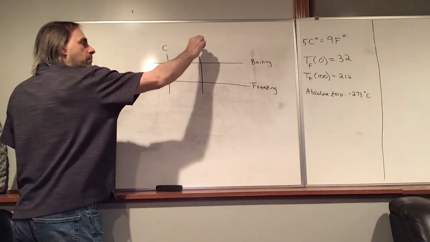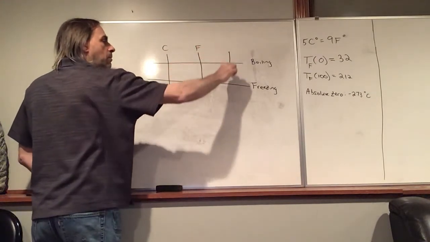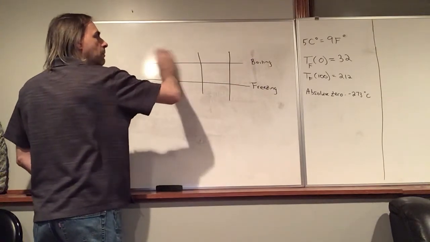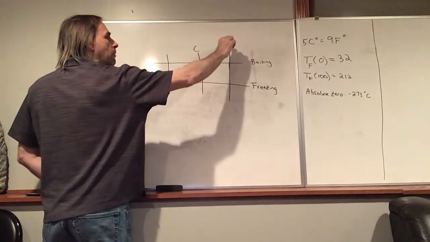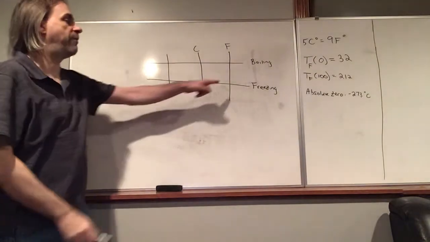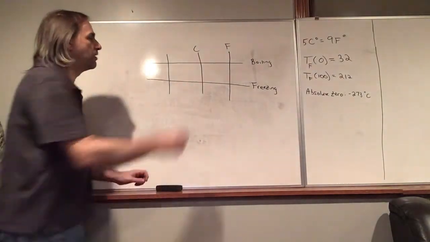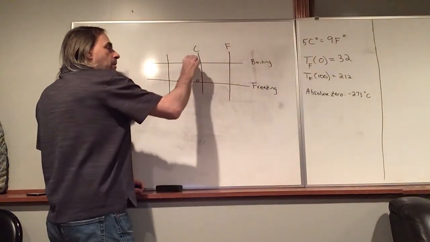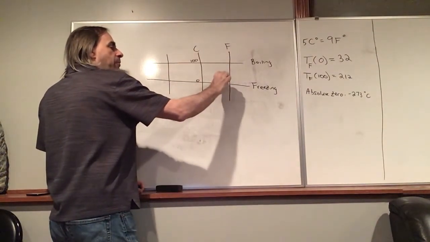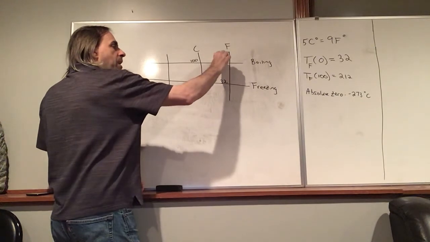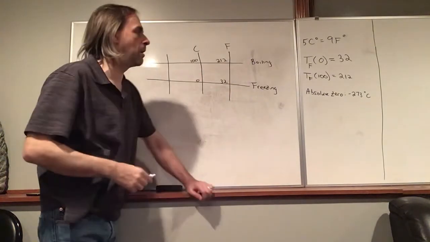Actually, I'm going to move these over. So again, Celsius was originally defined in terms of the freezing and boiling points of water. Fahrenheit was redefined, so they have these common reference levels. But again, remember these levels are arbitrary.